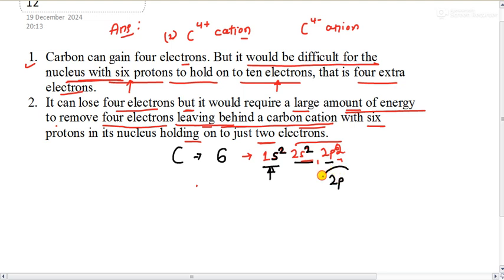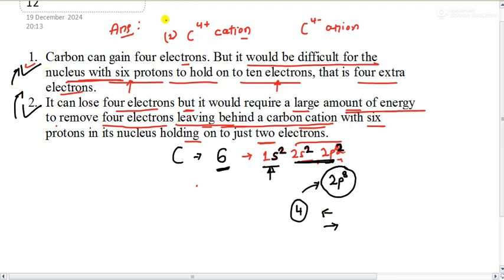The total number of electrons in P could be 6, but since its atomic number is 6, here it will be 2 itself. So it means it has a valency of 4. It can gain 4 or lose 4, but it's not possible. Why? Here we have the reason. Got it?